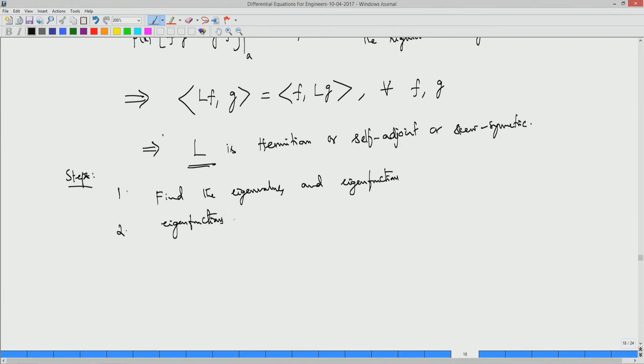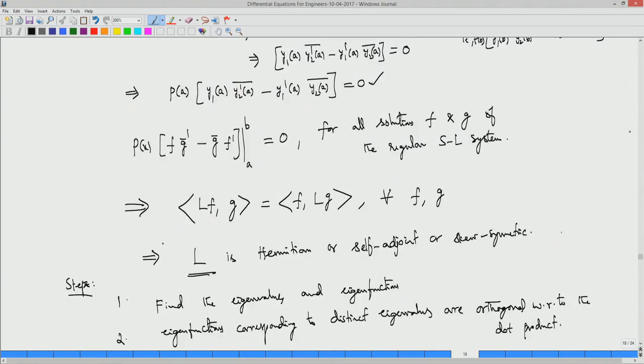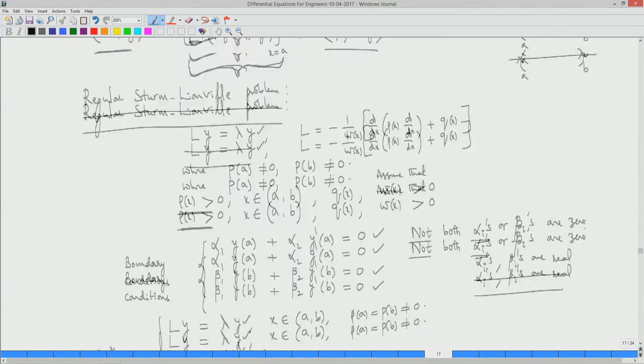This is the property which we assume: eigenfunctions corresponding to distinct eigenvalues are orthogonal, with respect to the dot product that we defined for the operator L. This is exactly what we defined.